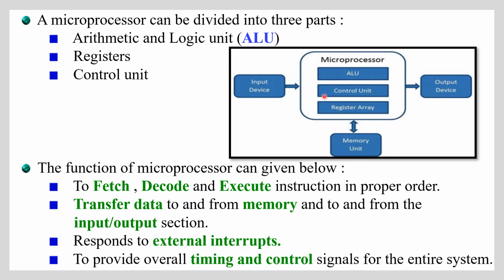So it's the control unit's duty to provide the proper signal when data is to be taken in, when it is to be given to the output devices, when it is stored in the memory unit, all decided by the control signals.